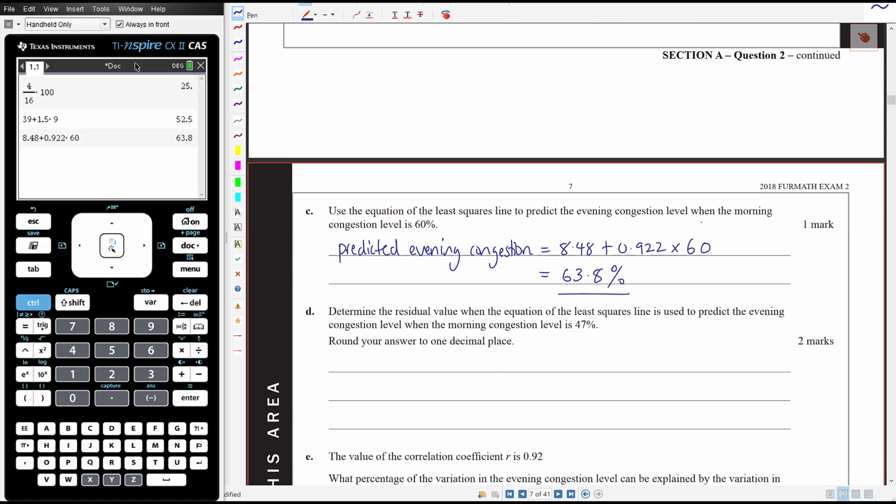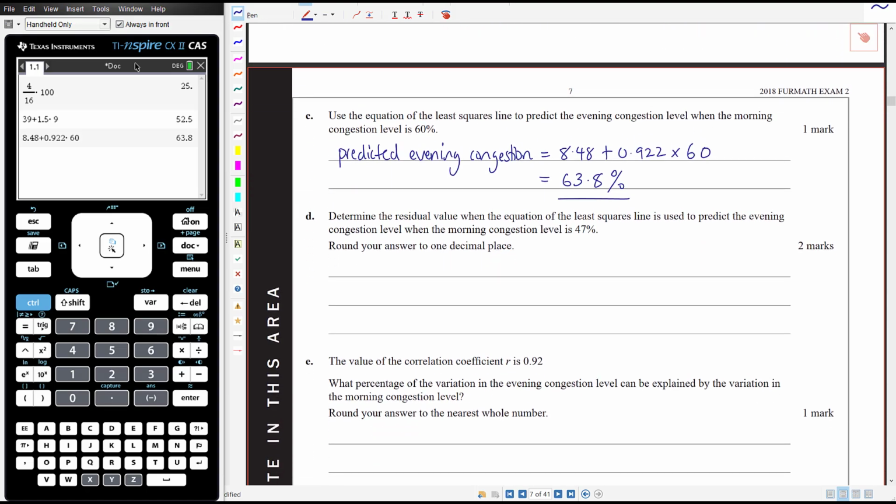Okay, part D. Determine the residual value when the equation of the least squares line is used to predict the evening congestion level when the morning congestion level is 47%. Okay, so we need to do what we just did for the 60%, but with 47 this time.